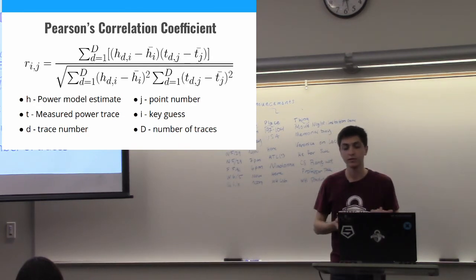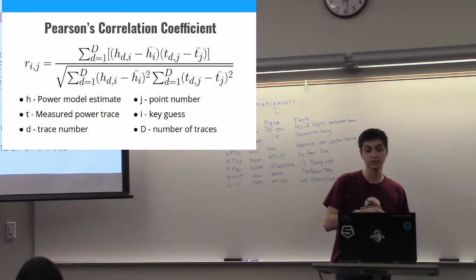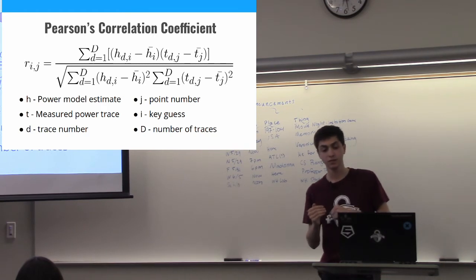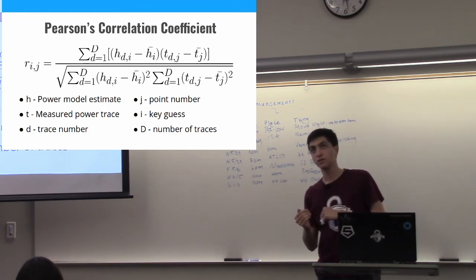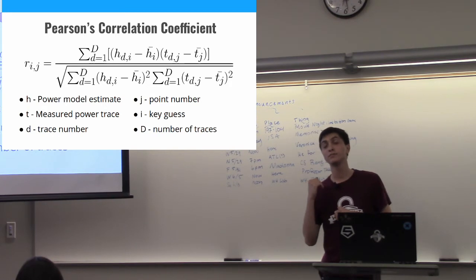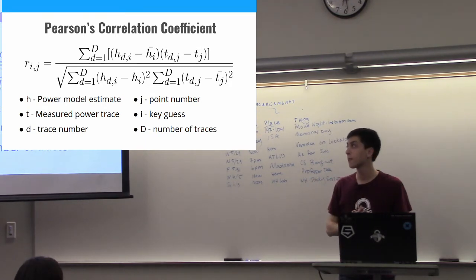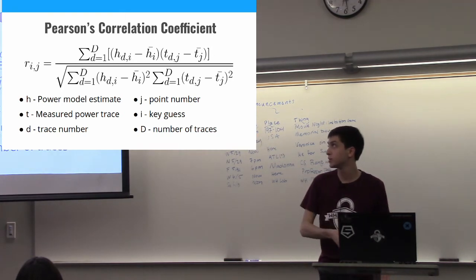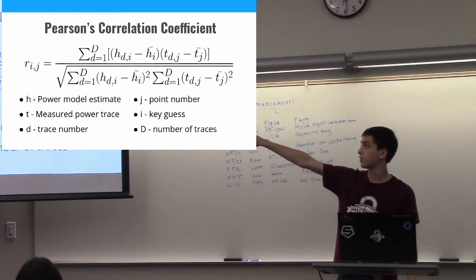So we're going to take our power model estimate of a certain trace of a certain key guess, and then we're going to subtract that from the mean of all power model estimates for all keys. That's the H_D,i minus H bar_i. We're going to do that for the power traces. And then we're just going to square the things on the bottom, multiply them, and take the square root.